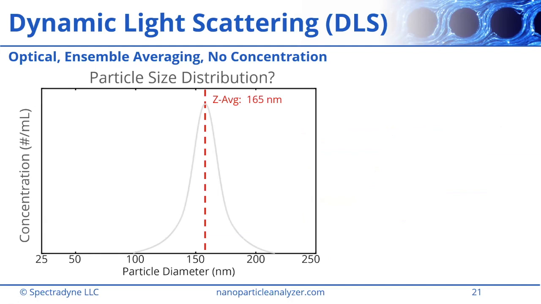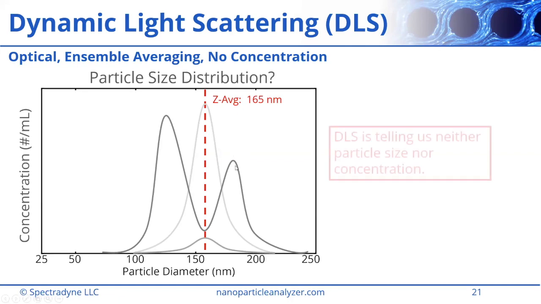And so it could just as well come from a distribution that looks like this. Still, that would not be bad. It's got a well-defined peak size. But it could also come from a more complicated size distribution that averages out to 165 nanometers, remember, with a bias towards picking up the larger particles.